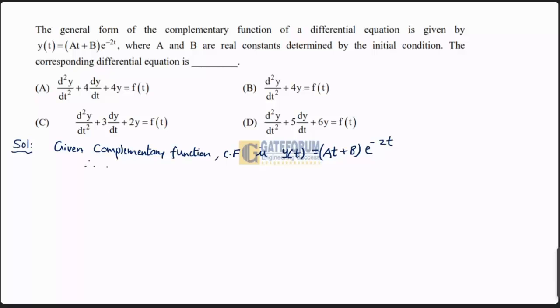Therefore, the roots of the auxiliary equation, usually denoted by m, are two equal real roots. m is equal to minus 2, minus 2 are the roots of the auxiliary equation.